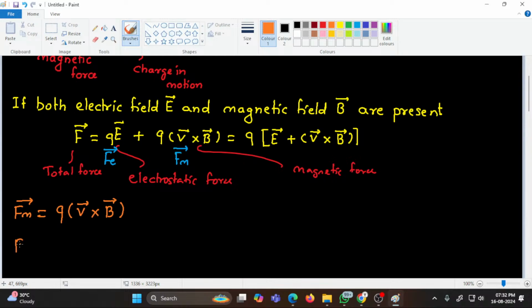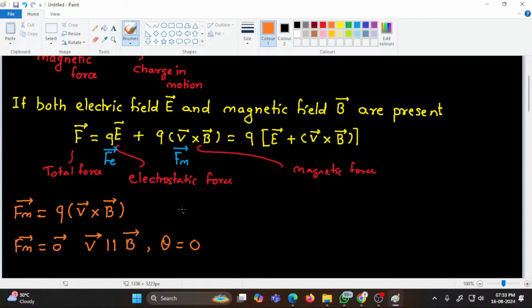The Fm bar is zero if V bar is parallel to B bar, means angle between them is zero.